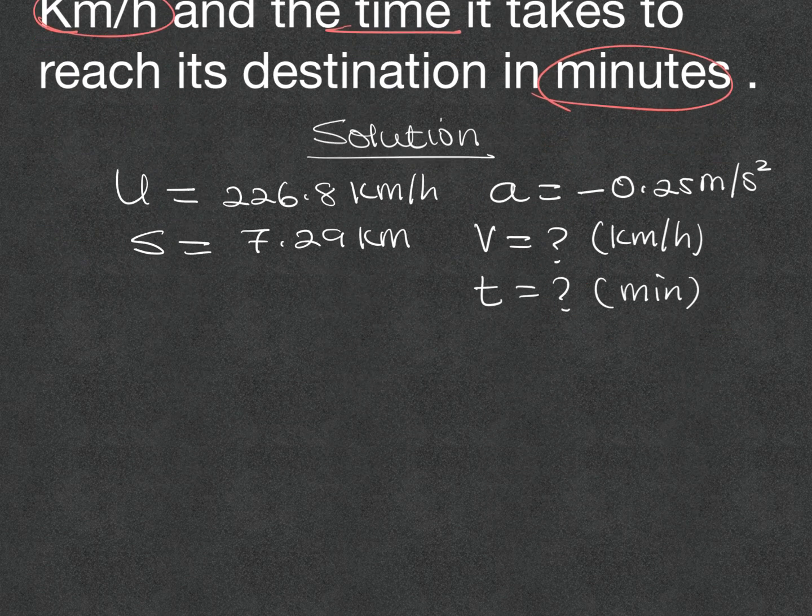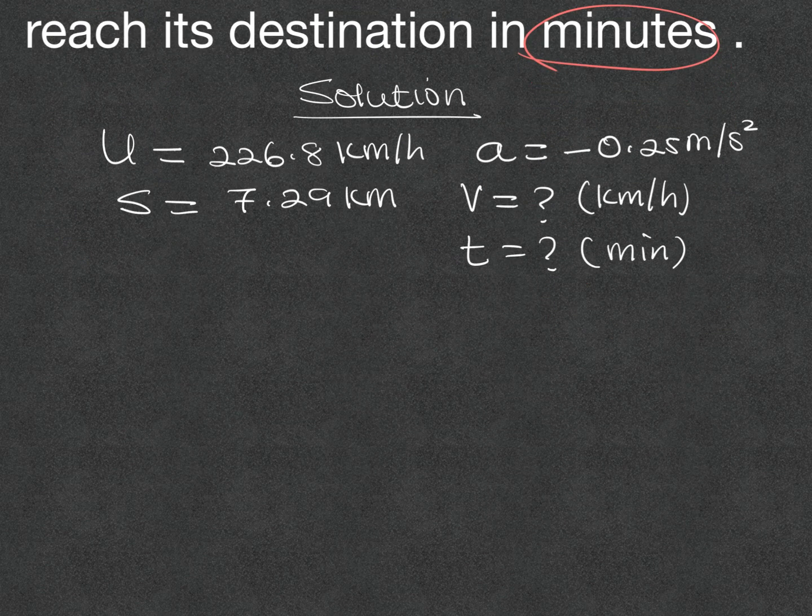Okay, so the first thing is I will advise you to do your workings in the SI unit, then you can convert it to what the question instructs us to do. So first, let's convert the velocity to meters per second.